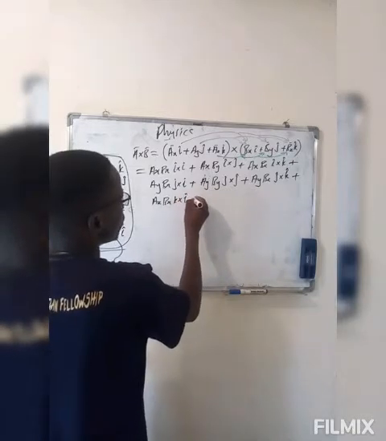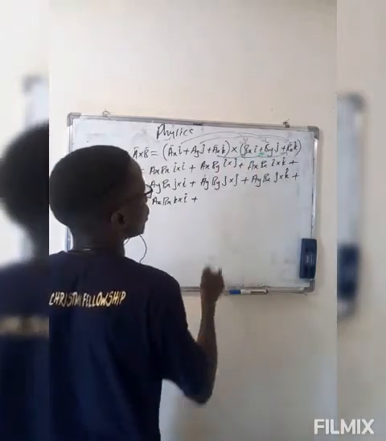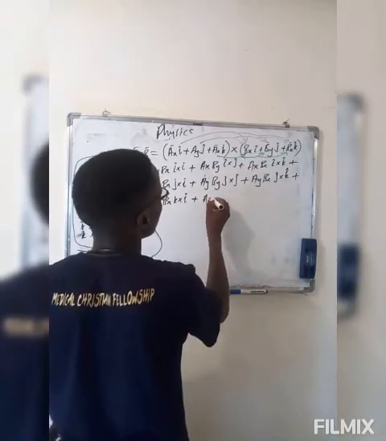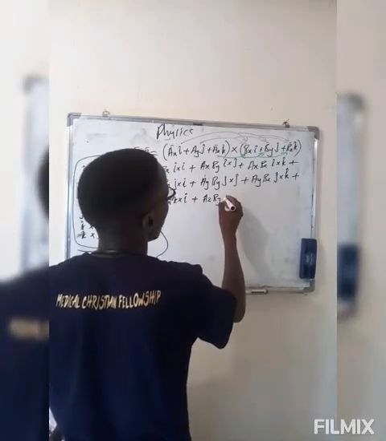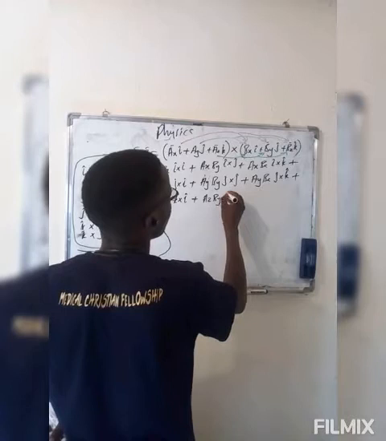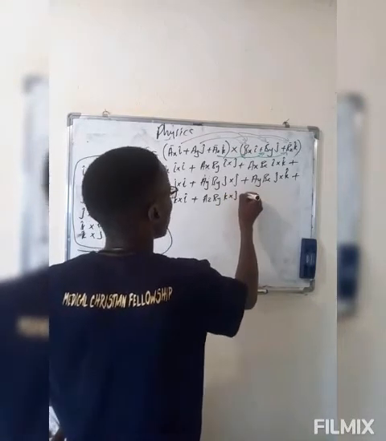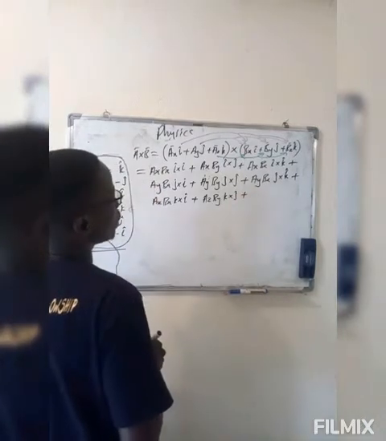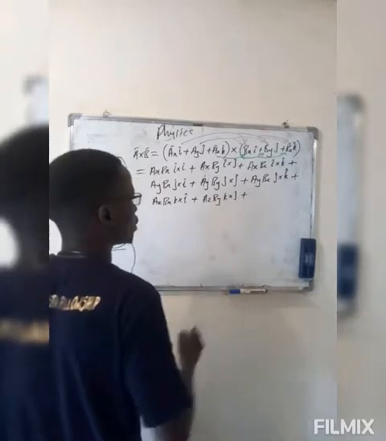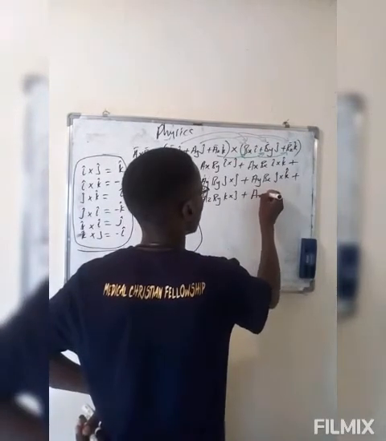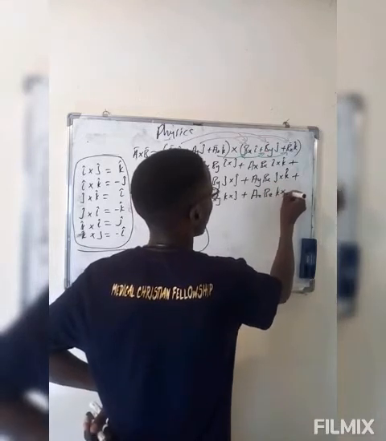Then plus AZk multiplied by BYj, so that is going to be AZ BY, k multiplied by j. Plus, lastly, we have AZk by BZk. AZ BZ, then k multiplied by k.